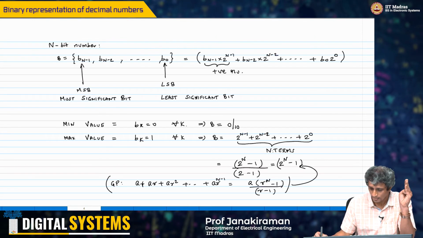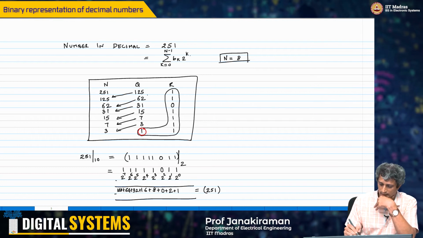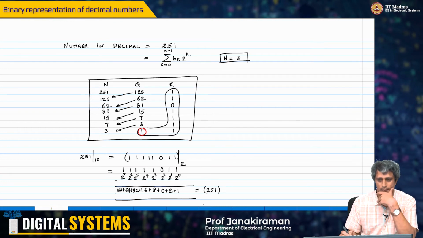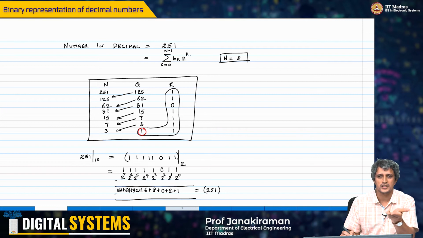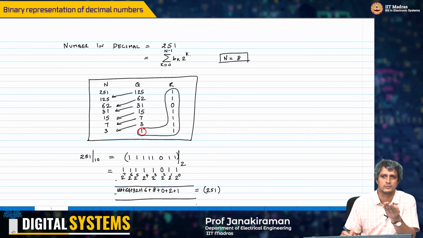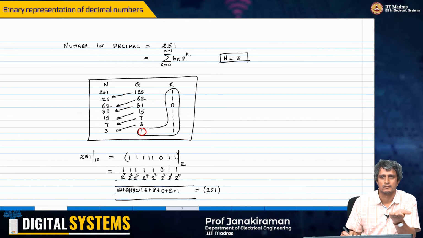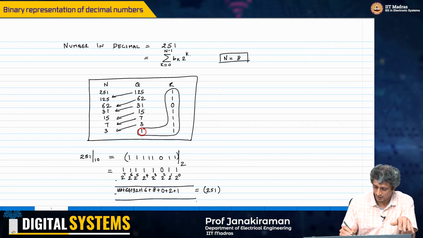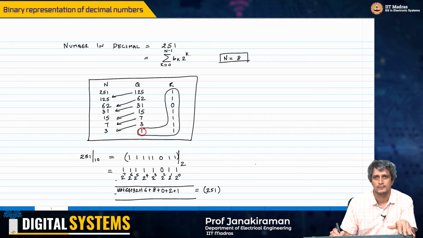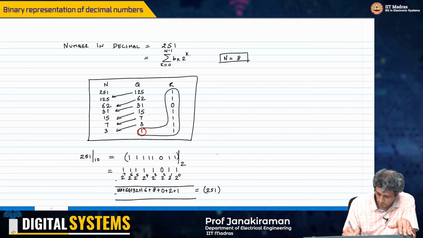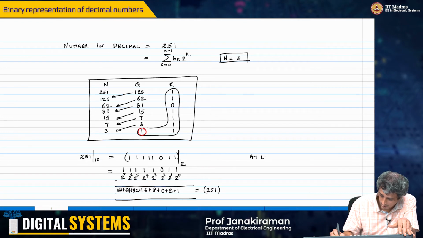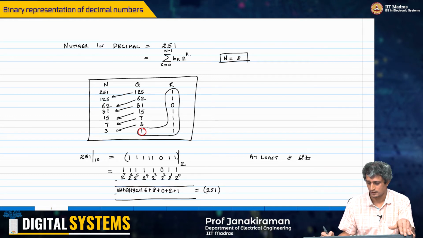For example, if I take 251, I cannot represent this with just 4 bits or 5 bits. I need at least 8 bits, right?